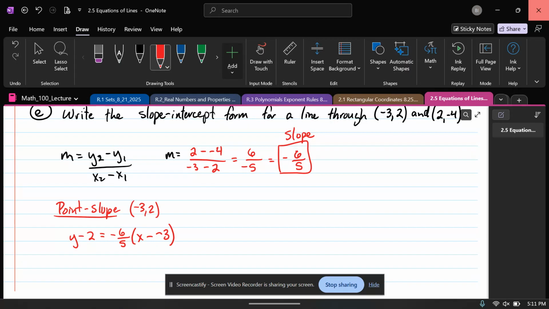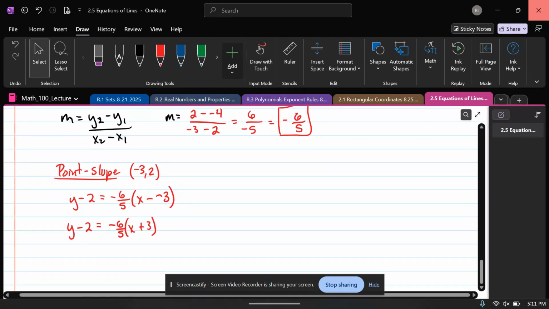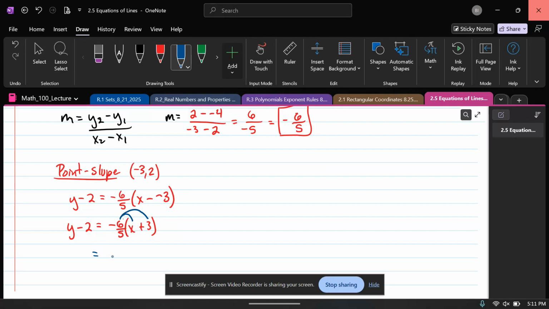All right, so I'm doing it the point slope form way this time. I've got a double negative right there, so I'm going to swap that, make it x plus 3. So that's going to be -6 over 5, parentheses, x plus 3. And then we have the y minus 2. The next step is the distributive property. I've got to distribute this fraction to all of that, which is not easy, but not hard.